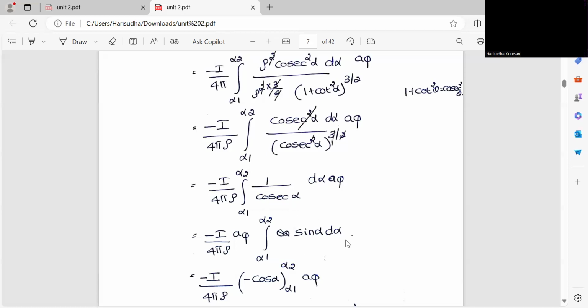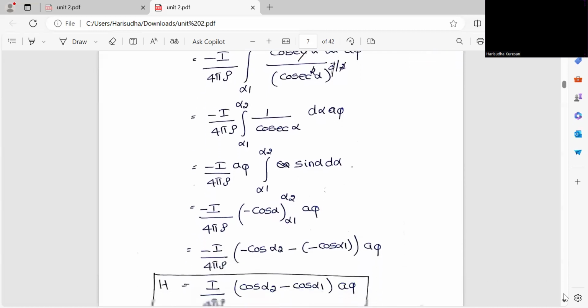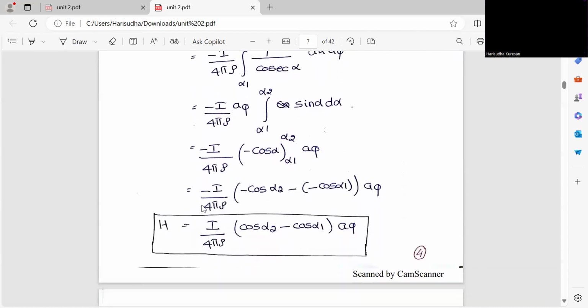If you integrate sine alpha, you get minus cos alpha, and I substitute the limits alpha 1 and alpha 2. Therefore, I'll get minus I divided by 4 pi rho, and when I substitute the limits, minus cos alpha 2 minus cos alpha 1, into a phi. Therefore, H, the magnetic field intensity at the point P, will be equal to I divided by 4 pi rho, cos alpha 2 minus cos alpha 1, because the minus I took outside, already one minus is there, so minus into minus becomes plus.